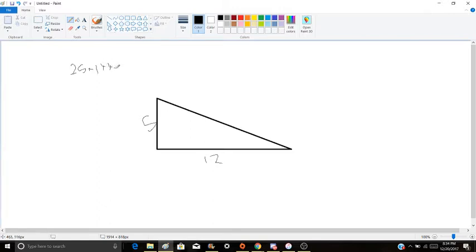That's going to equal 169. And the square root of 169 is 13. I'll write this down. Sorry, it's kind of hard drawing with the mouse. But that is 13. So that is basically all the Pythagorean theorem is.